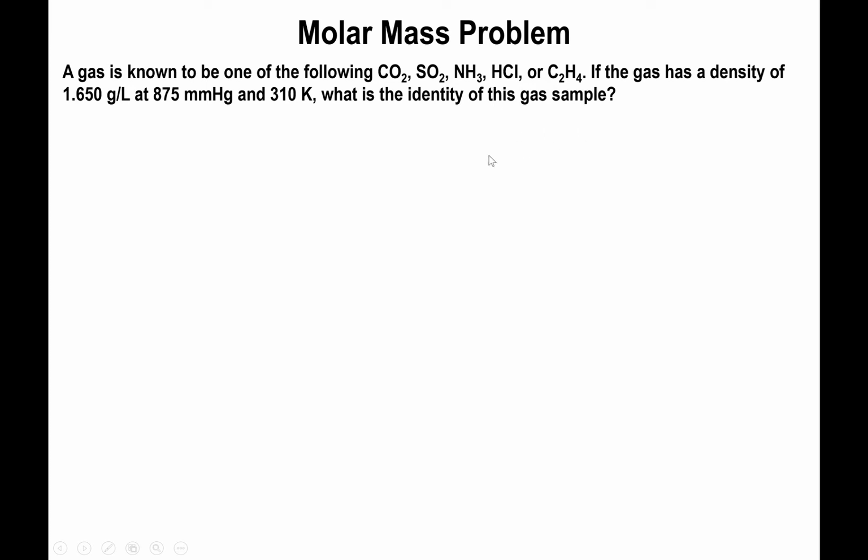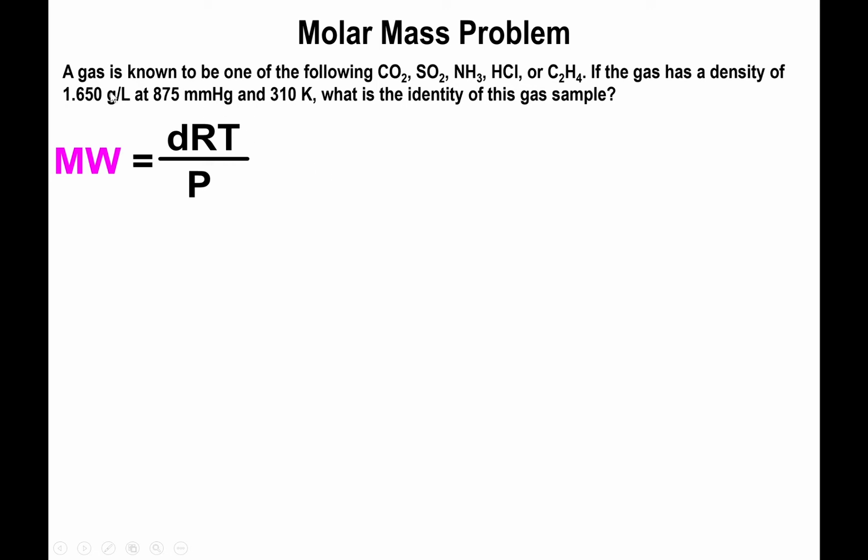So when dealing with this type of problem, where you're trying to find out which gas you're dealing with, you ought to think automatically of the molar mass. They're not exactly like, boom, dead on. If this is the molar mass, this has to be the gas. But if you know roughly what the gases could be, knowing the molar mass is definitely the best way to identify the gas. So we're going to first find out what the molar weight of this gas is based on the pressure, the temperature, and the density.